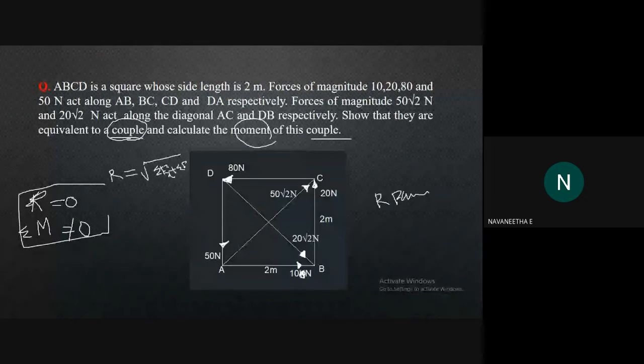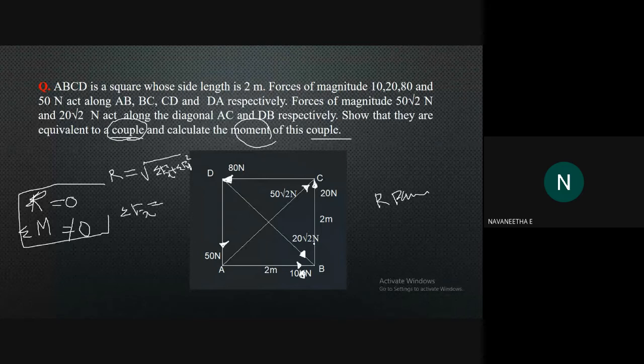What is sigma Fx here? Which forces are acting in the x direction? 10 Newton is acting in the x direction, right hand side, so it is positive. Is 20 Newton in the x direction?